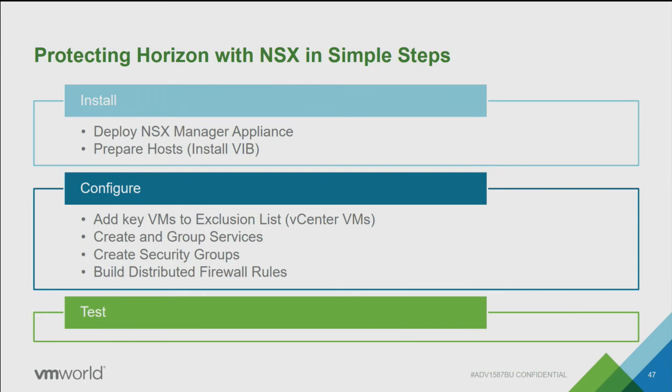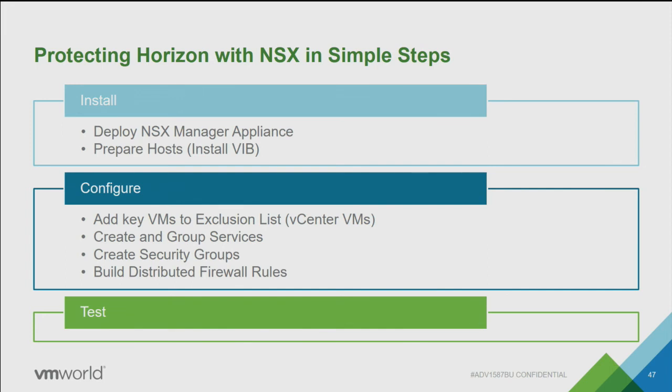And the visibility piece is also important because you're not going to implement the firewall and automatically start blocking everything. You're going to need to learn your environment, and through tools like Application Rule Manager or potentially other capabilities within NSX, you're going to have that visibility and be able to look at your environment and learn what rules you need based on the traffic flows that you're able to now observe on a per VM or per application basis.